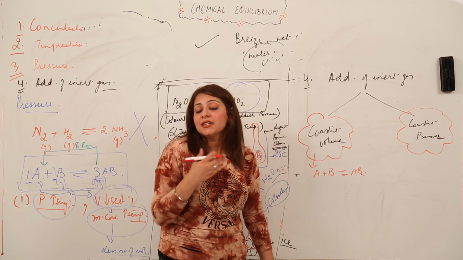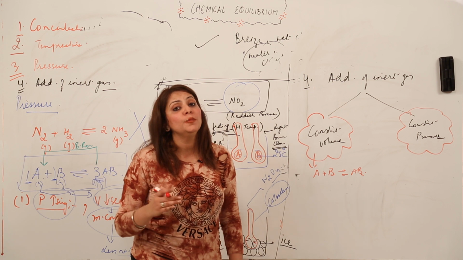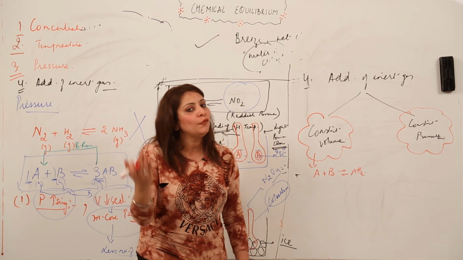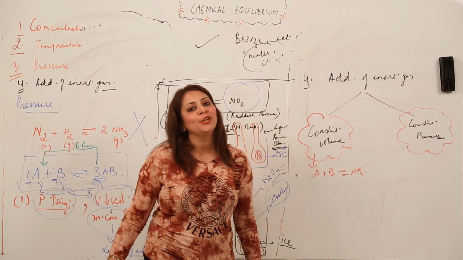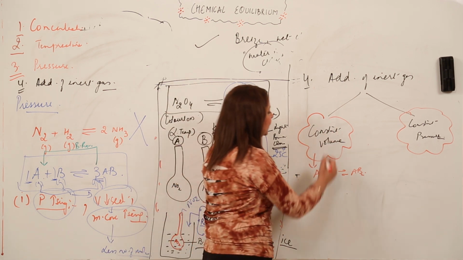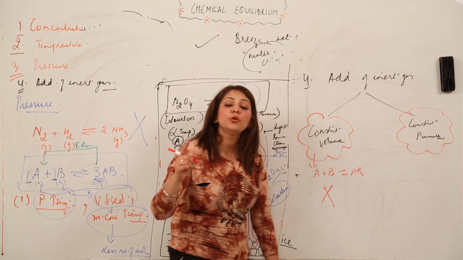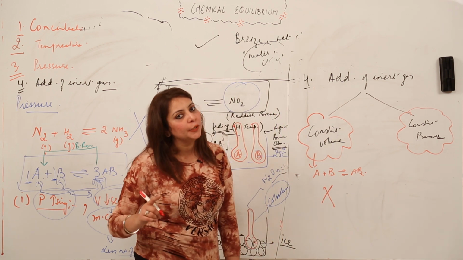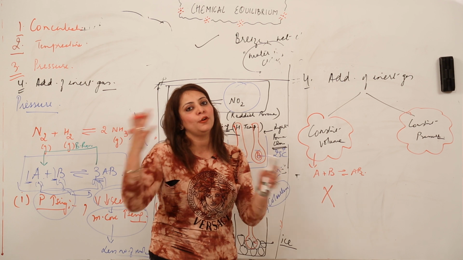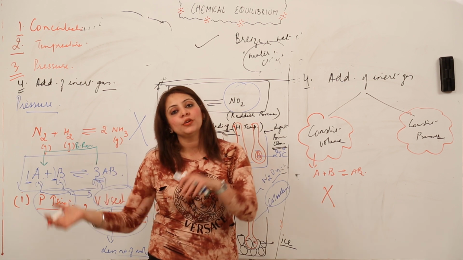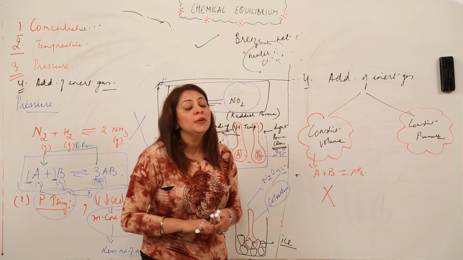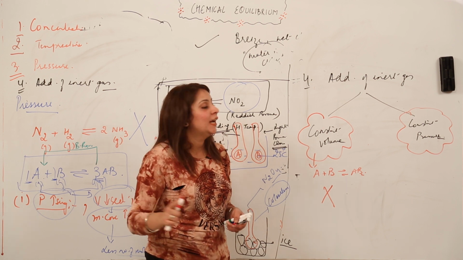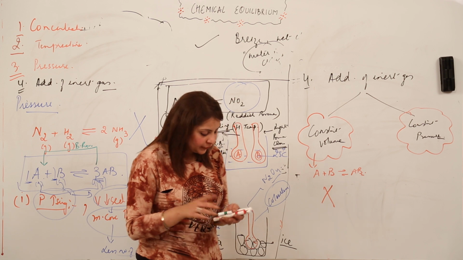And if the volume is not altered, then obviously the concentration is not going to change. That means the addition of inert gas at constant volume is not going to affect the chemical equilibrium. It will not support the forward reaction, and it won't support the backward reaction.